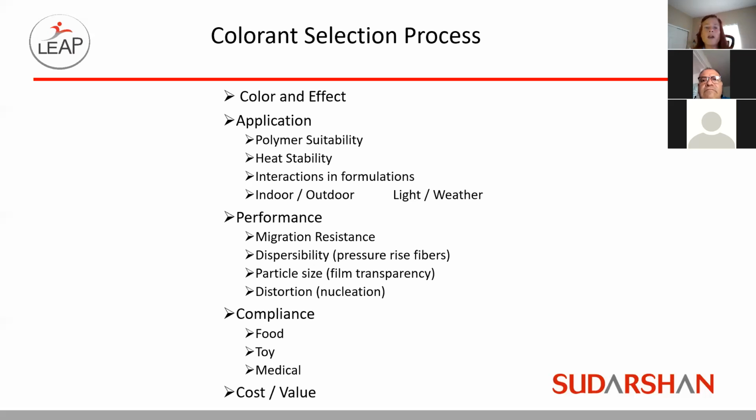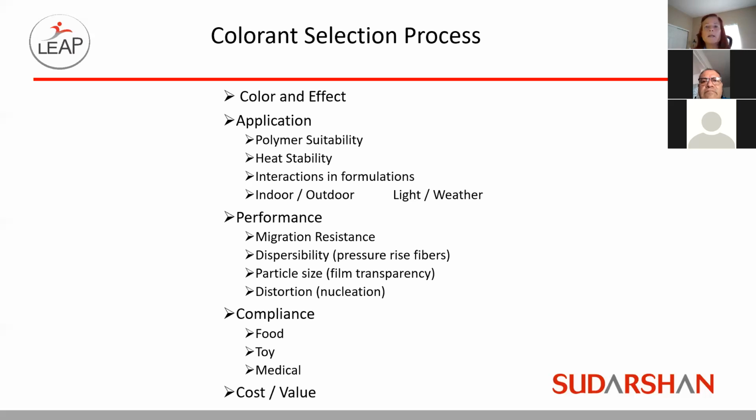Another area as far as value is concerned is if a higher priced colorant provides you with much more additional technical properties, which can then lead to more versatility in terms of application, that might be another value in use for that particular colorant.